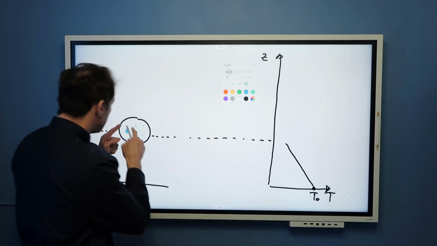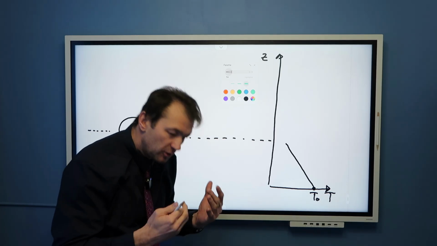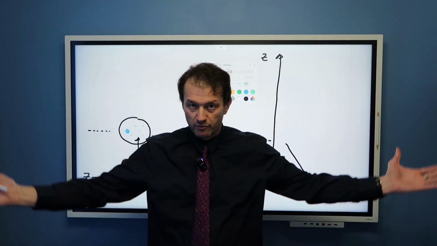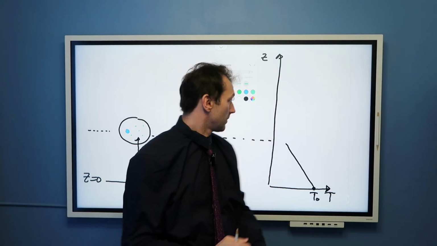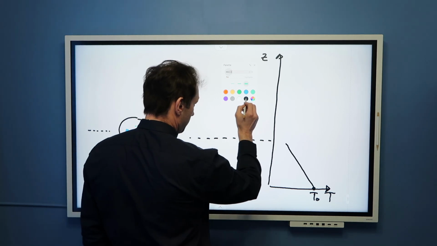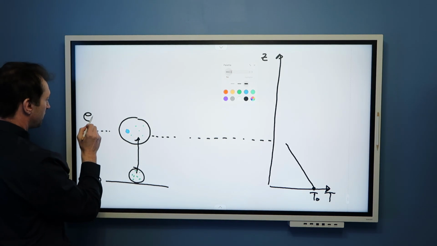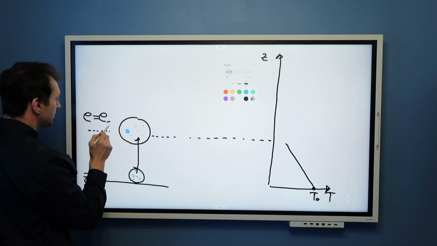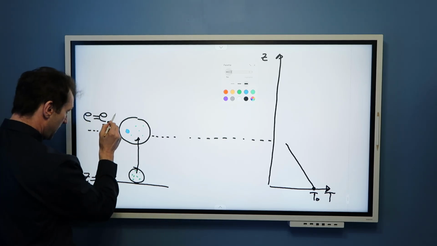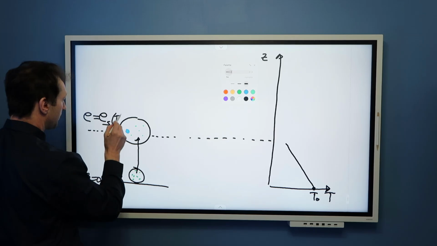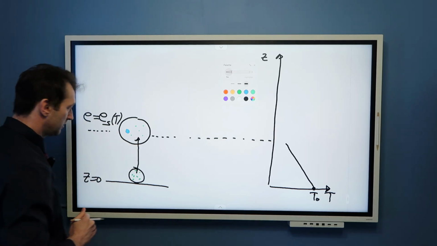That means at this point, and this is the beautiful part, we are connecting concepts from all previous videos. At this level, you know from my previous videos that the partial pressure of water vapor is equal to the saturation vapor pressure at this temperature T, the local temperature at this level.